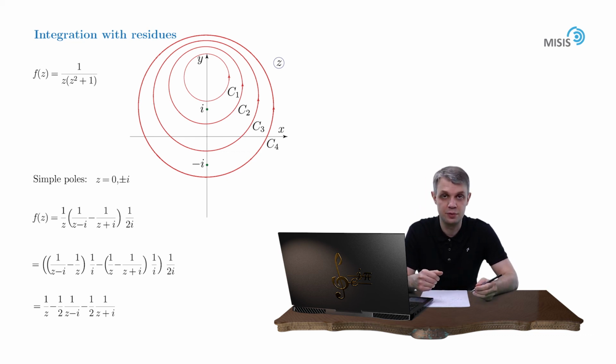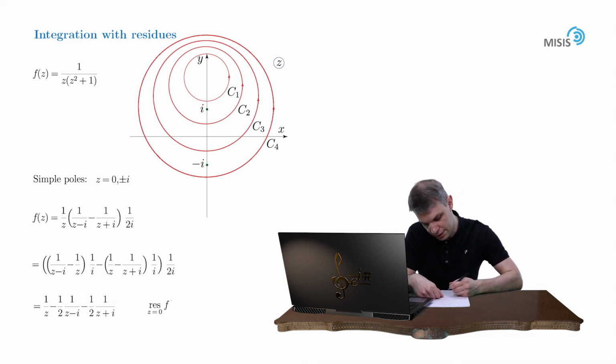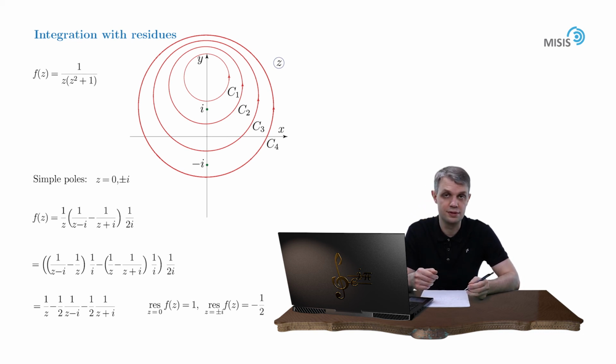From this decomposition, we may read the residues of our function at points 0 and plus or minus i. The residue at point 0 is equal to 1, while the residues at points plus or minus i are equal to minus 1/2. Now let's use the residue theorem to compute the respective integrals.